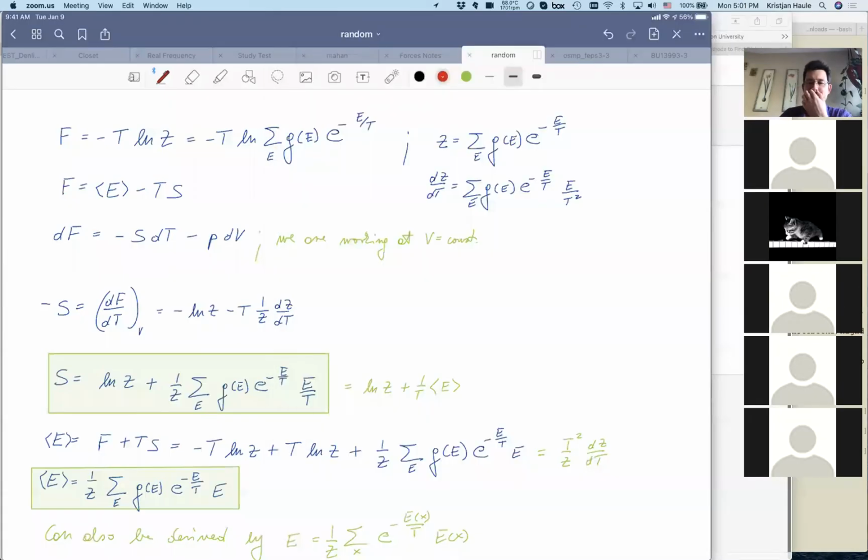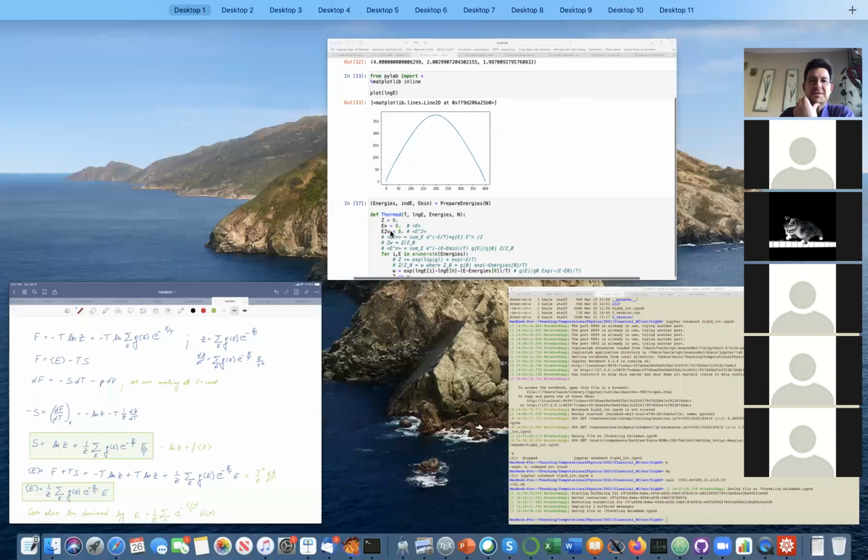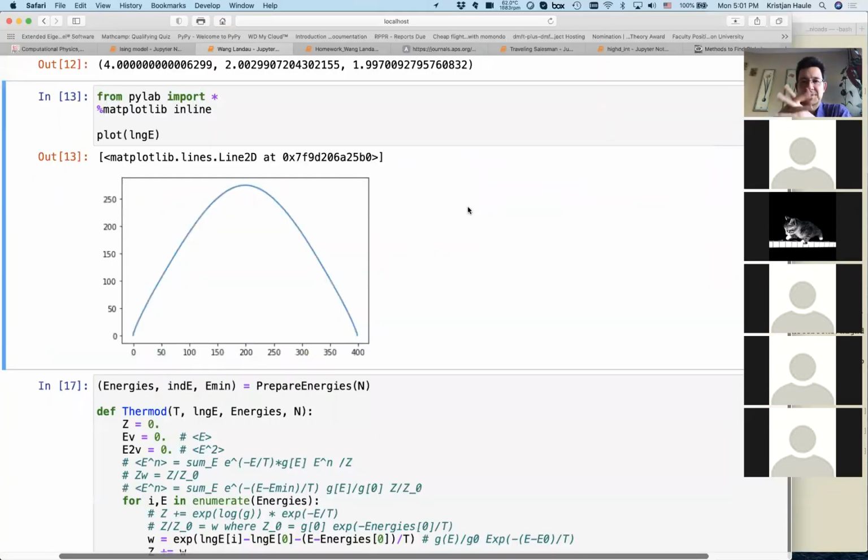Okay, so welcome back. We were discussing the Wang-Landau algorithm, which calculates the density of states of a discrete model. The idea is that the number of energy levels is much smaller than the number of configurations.